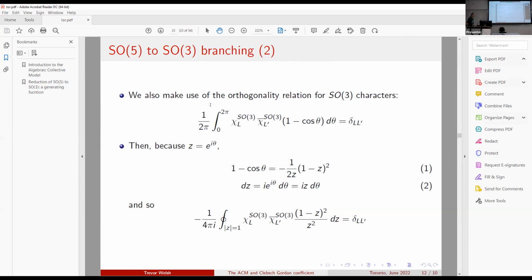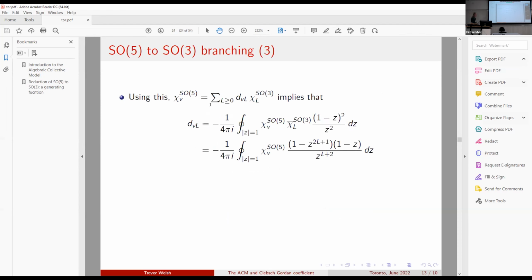We've got the two characters again, and the Haar measure has now become (1 minus z) all squared divided by z squared dz. That's simply a rewriting of this expression, and we're now integrating around the contour, modulus of z equal to 1. This is the way we defined these branching multiplicities.